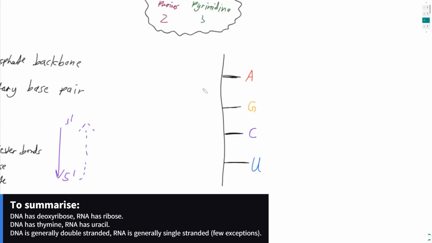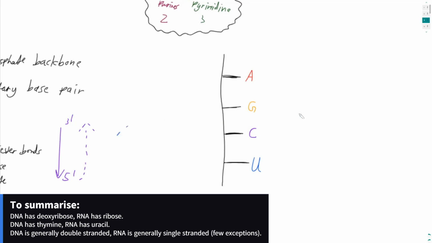A third difference, not so major because there are some exceptions, is that RNA is generally single-stranded, whilst DNA is generally double-stranded. There are a few exceptions where you can have double-stranded RNA or single-stranded DNA, but generally in eukaryotic cells, RNA is single-stranded.